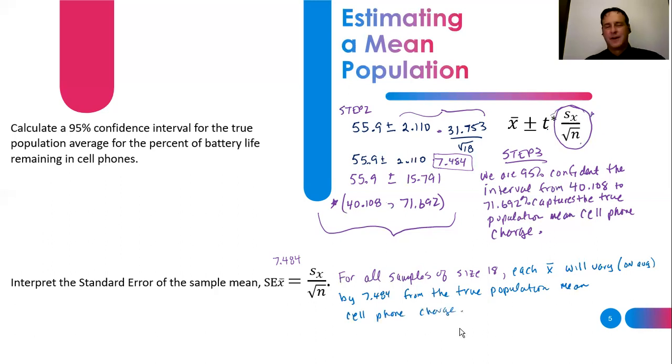Okay. For all samples of size 18, each X bar will vary on average by 7.484 from the true population mean cell phone charge.